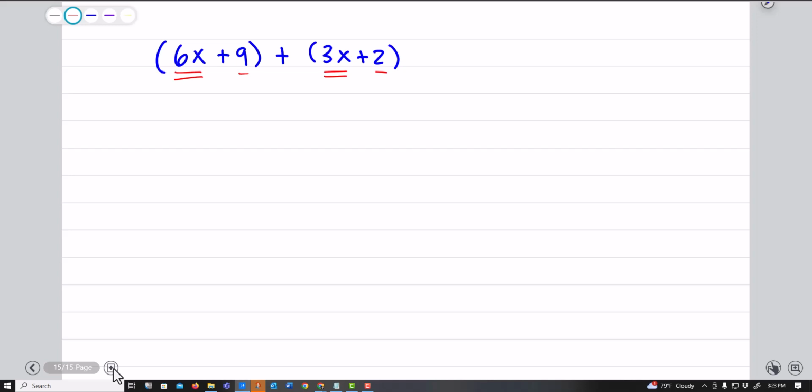You're looking for common terms, meaning that they have the same power. And so in this case, I would just add 6x plus 3x, which would be 9x. And then I would add these two constants, 9 plus 2, to get 11. And the only time you really want to be careful is, of course, with negative signs.